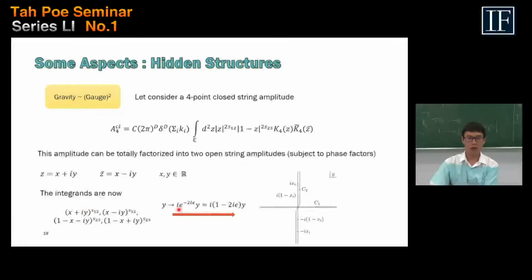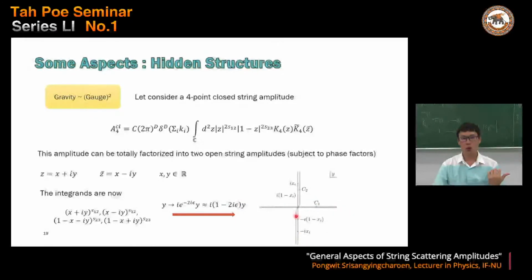So I need to deform y, which originally goes from minus infinity to infinity as C1 here. I need to deform it to integrate over the imaginary axis here, which can be done by using this map here.